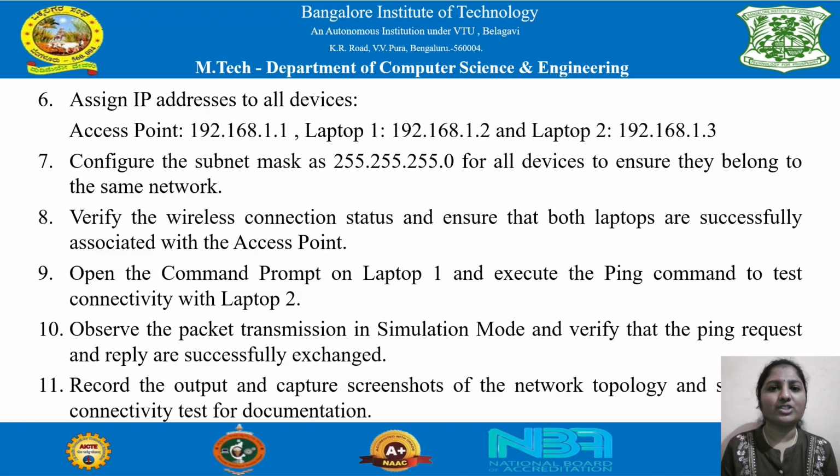After the configuration, the wireless connection status was verified to ensure that the devices were successfully associated with the access point. Next, the ping command was executed to test the connectivity between the devices, and the packet transmission was observed in simulation mode to verify the successful communication.